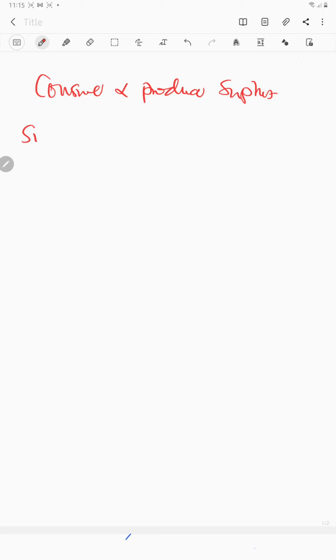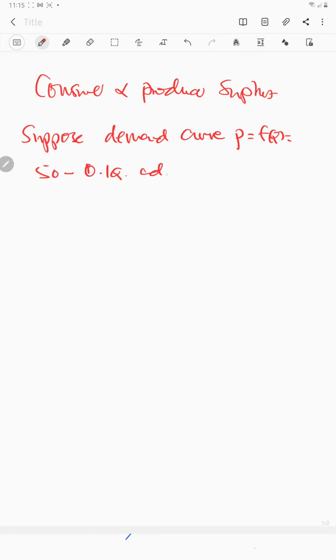So for example, suppose the demand curve is the function p equals f(q), which is 50 minus 0.1q, and the supply curve is p equals g(q), which is 2q plus 20.